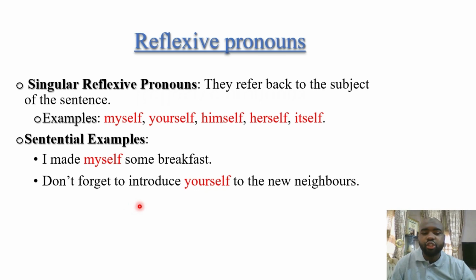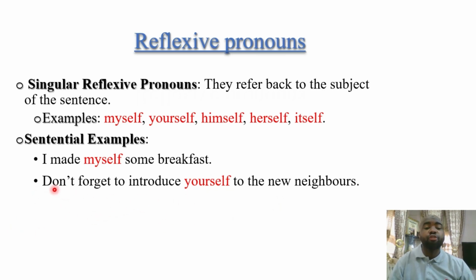Don't forget to introduce yourself to the new neighbors. You're talking about the listener, the one you're talking to, that he should not forget about introducing himself to the new neighbors. You see, this also, yourself is also reflecting to the null subject here.